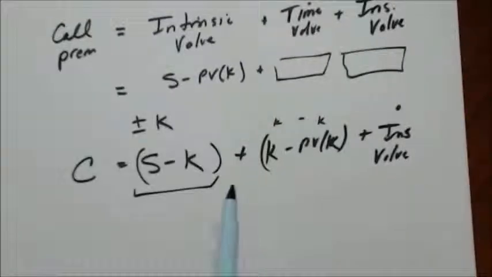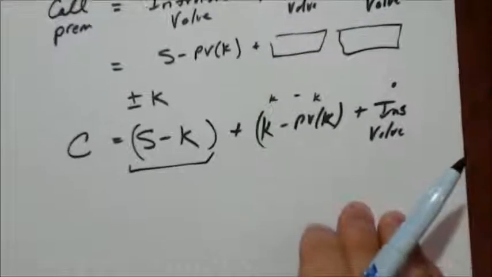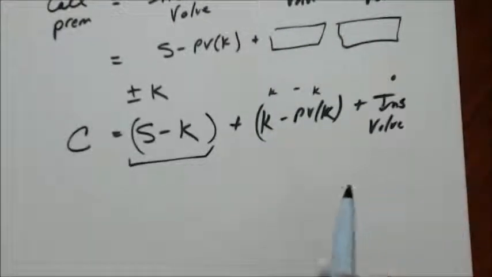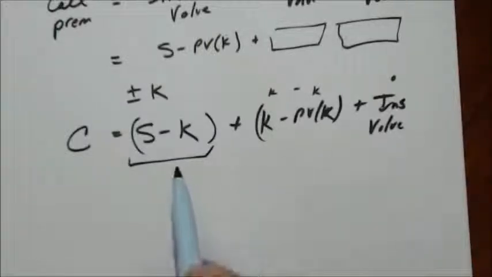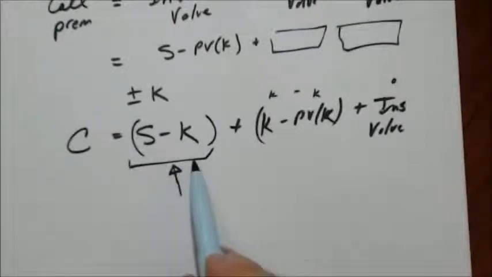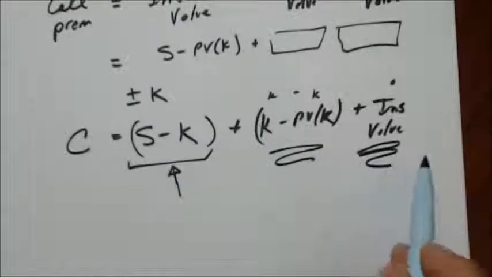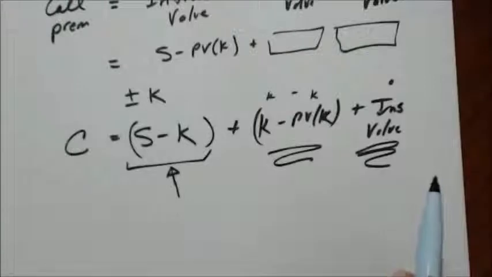So these three components are important to explaining option values and why it's important to stay away from exercising American calls early. When you exercise an American call early, you grab this intrinsic value, but you're throwing away this difference and you're throwing away the insurance value out the door.